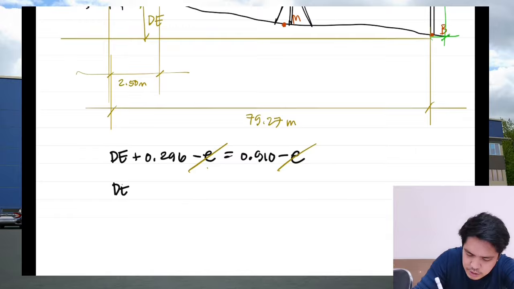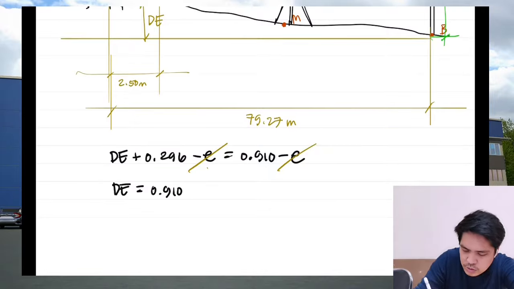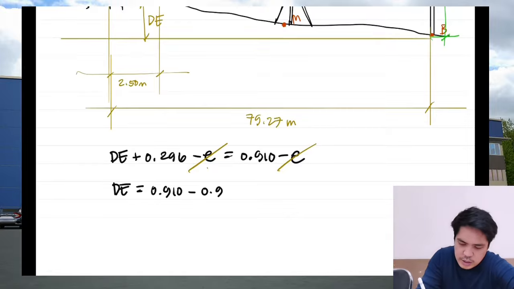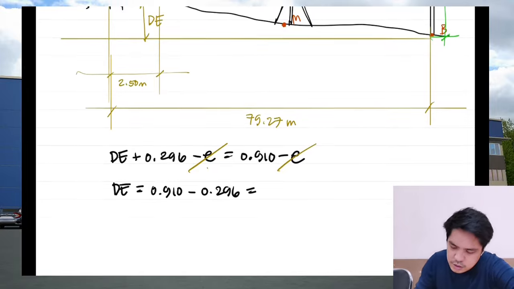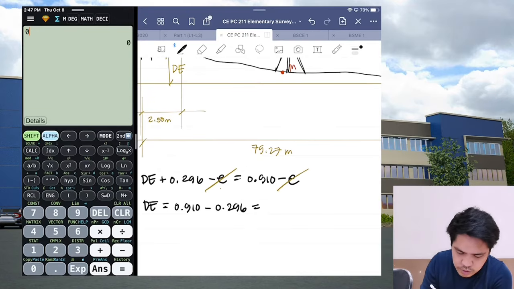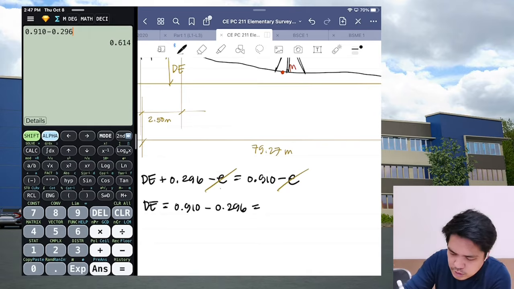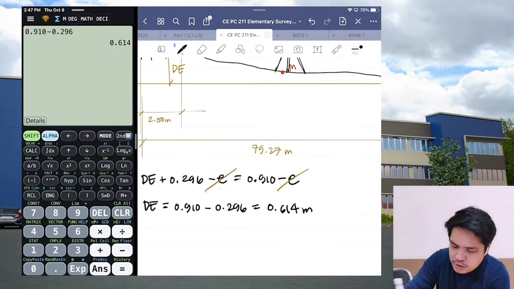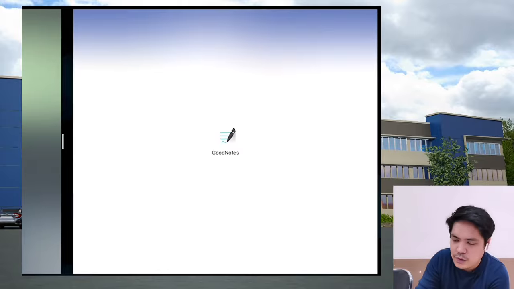So the difference in elevation is just 0.910 minus 0.9296, and calculator, we have 0.910 minus 0.296. The result is 0.614 meters. So that is our difference in elevation.